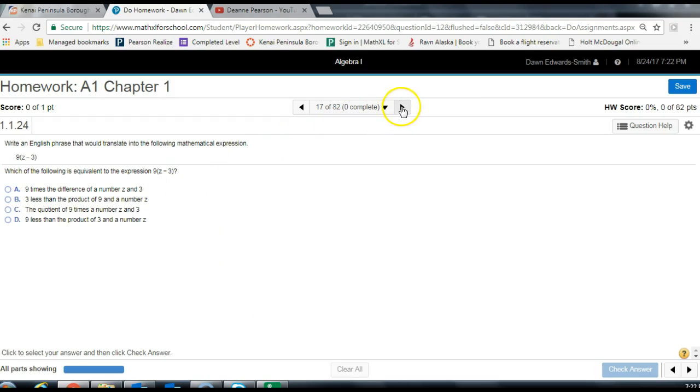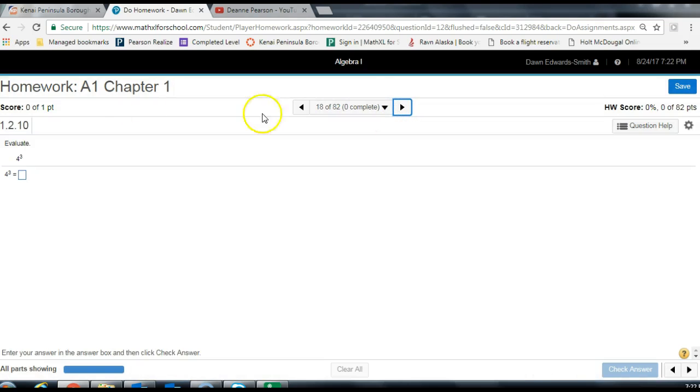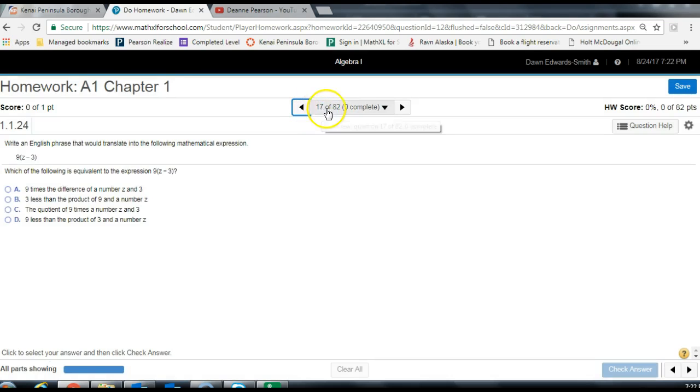And if we went to the next problem, 18, you would see that it says 1.2.10. That's the next section that I have not given you instruction on yet. So you just want to do problems 13 through 17. And again, in the center of your page, it will tell you what numbers you're on. So start with number 13 and go through 17. Also be looking for that 1.1. Now you may start your homework on section 1.1.